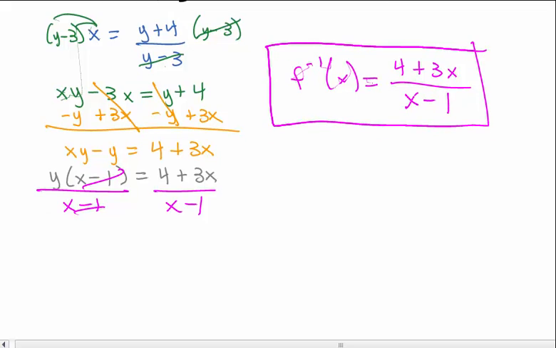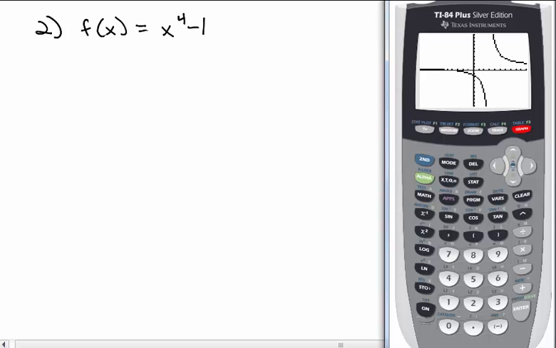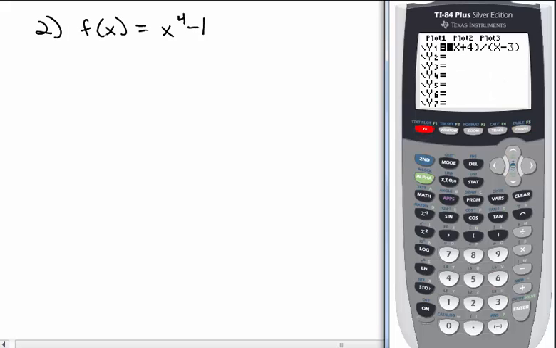Let's try one last example. Let's consider f of x equals x to the fourth minus 1. We're going to bring our calculator back, hit the y equals button. It should default to highlighting that first equation, and if you hit the clear button right underneath the arrow, it'll delete out that old function.